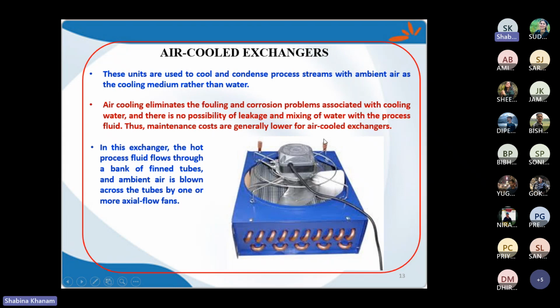However, if I place this fan below, it will suck the air from the system. Please try to understand: if I place this fan below, it will suck the air from the system. Because it sucks the air, it creates negative pressure in the system.